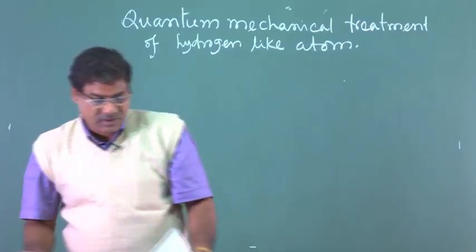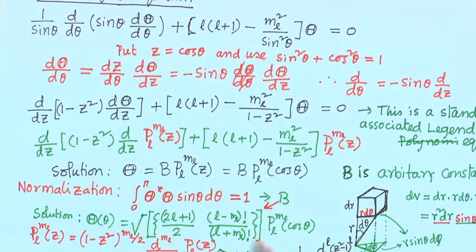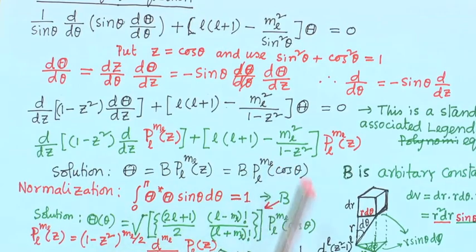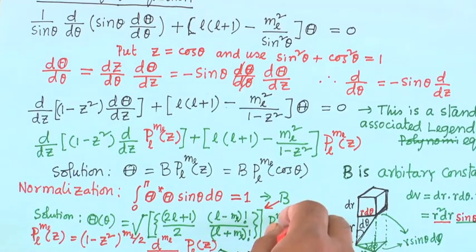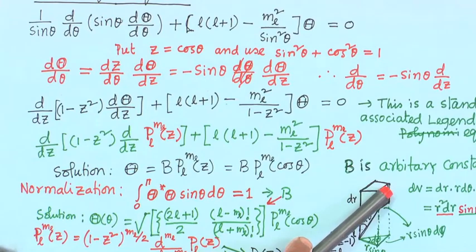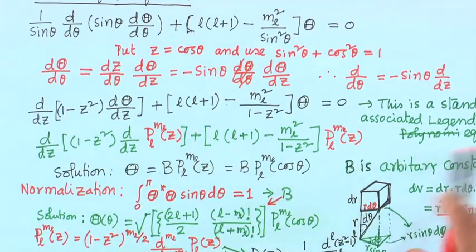During the solution of the theta equation, the constant L came in, and the solution of the theta equation is in terms of the associated Legendre polynomial.